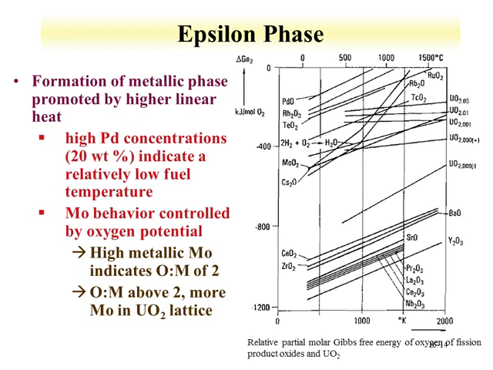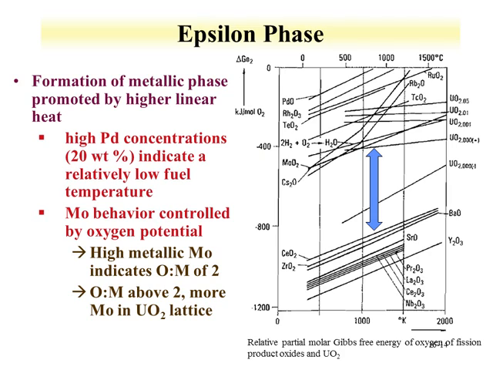We see an example here of the heat of formation, the Gibbs free energy of oxidation as a function of heat formation. We can understand some properties of the fuel: one, the relative heat, and two, the UO2 amount. What we see here is this gap in the Gibbs free energy between some of the divalent, trivalent, tetravalent fission products and our fission products that compose the epsilon phase material.